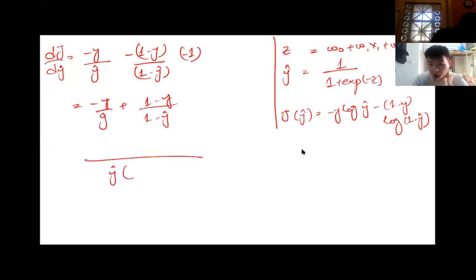And I can take the LCM of the denominator. This becomes minus y times 1 minus y hat plus y hat times 1 minus y, divided by y hat times 1 minus y hat.